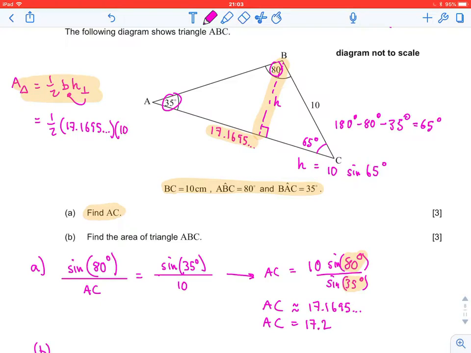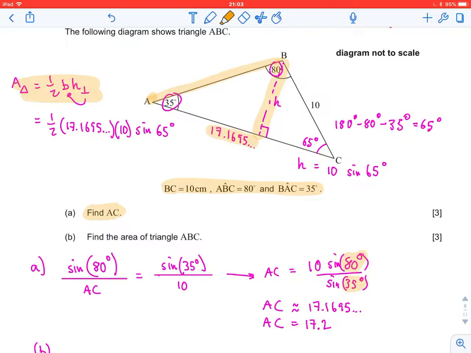Multiply that by 10, and then by sine of 65 degrees. Okay, this is not the only way to do this, because we could have used law of sines to find this other side of the triangle and done the same thing with the other side. But this method is pretty straightforward to find the area.